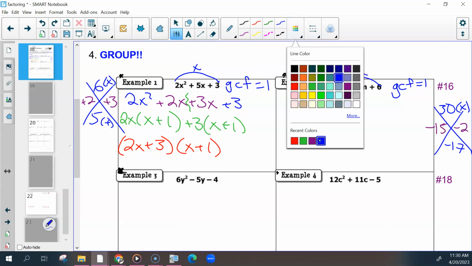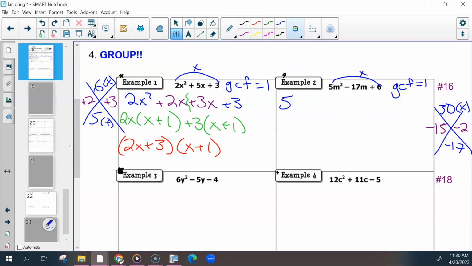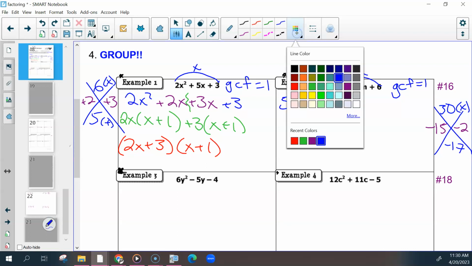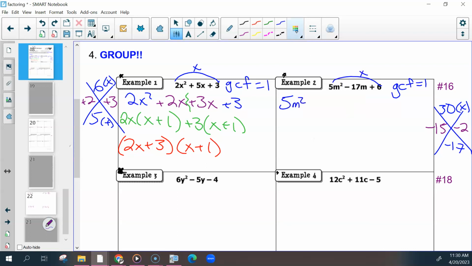Okay. Then rewrite as 5m squared. As you start doing this more, if you see 15 and 5 go together, like I could divide them both by 5, you could put them together, but you don't have to. If you want to put 2 first, that's also fine. That shouldn't have been squared.